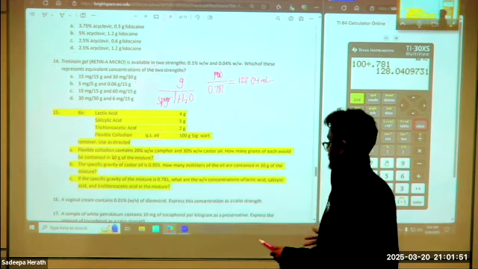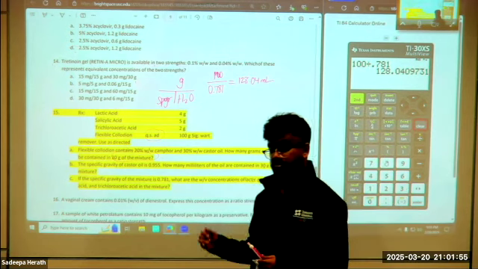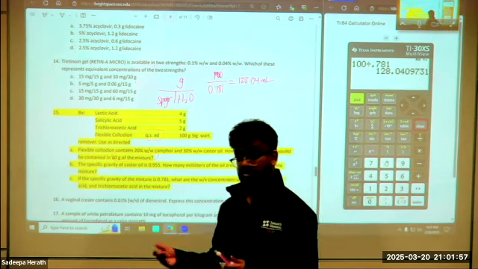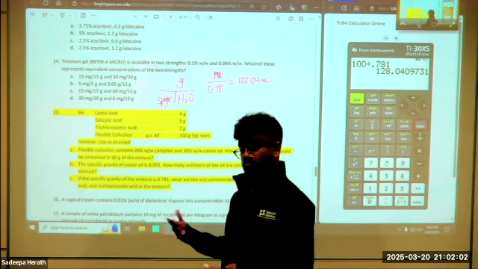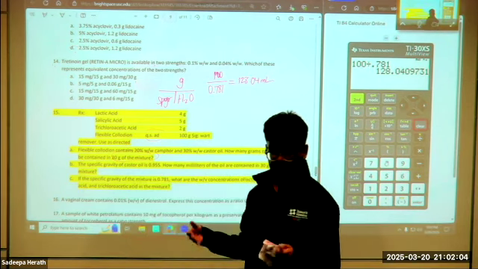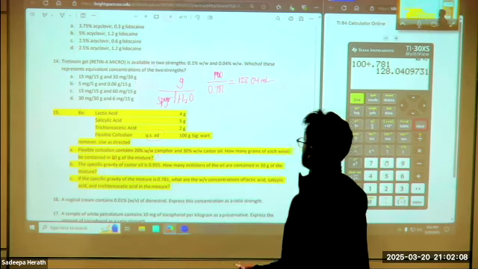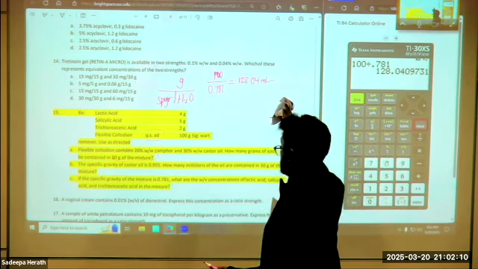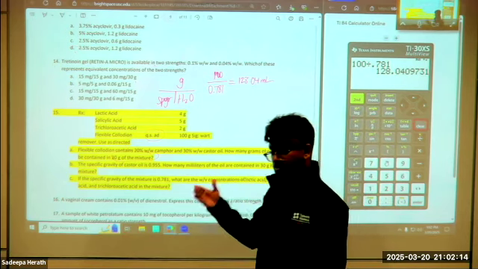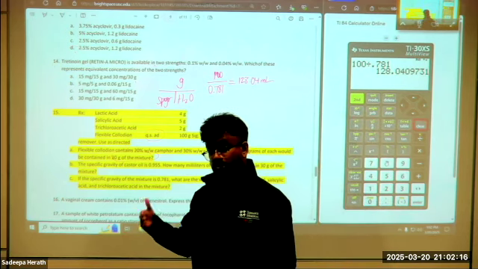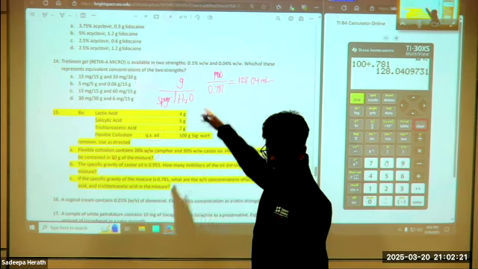So the question itself is asking for weight to volume. Remember, weight to volume is grams of a substance over 100 mL of the standard substance. So we have the actual volume of the mixture now. We need to find the proportionally equal amount of drug for 100 mL of the mixture.